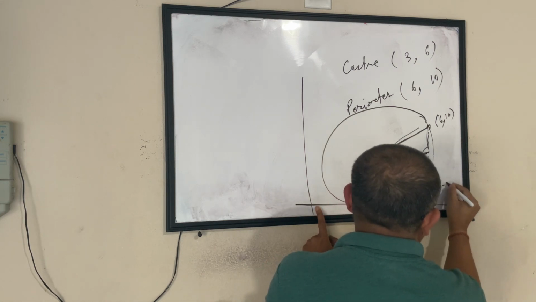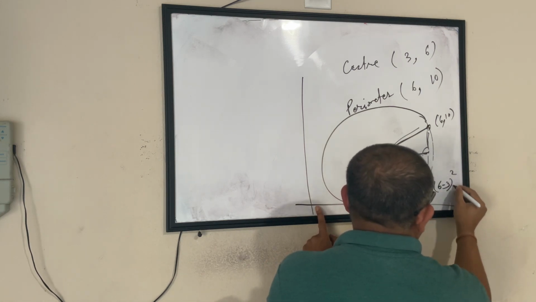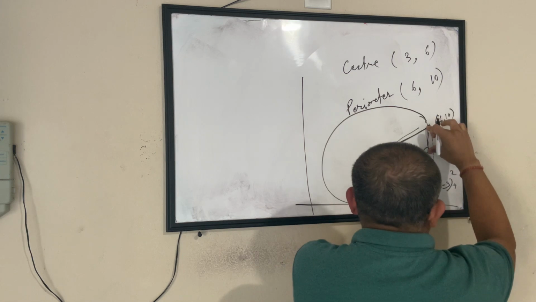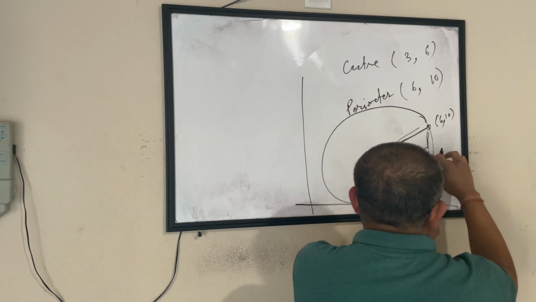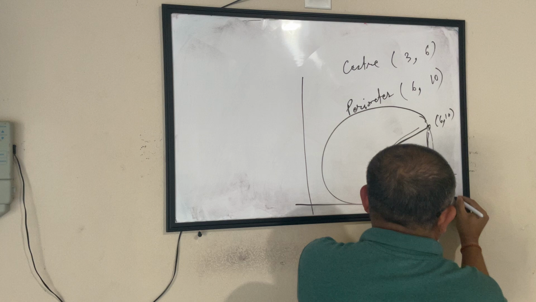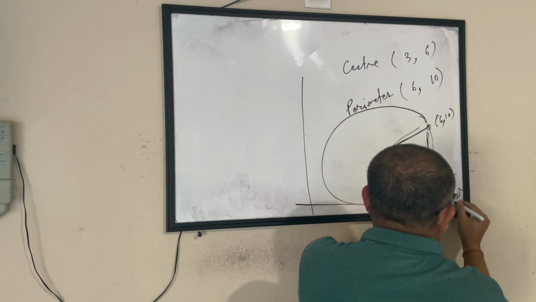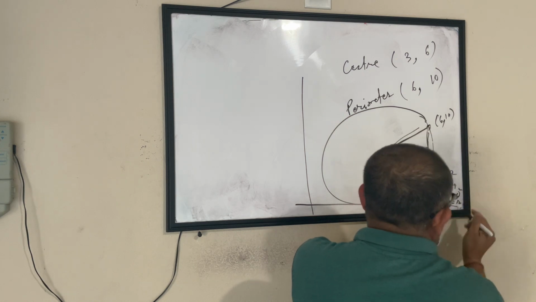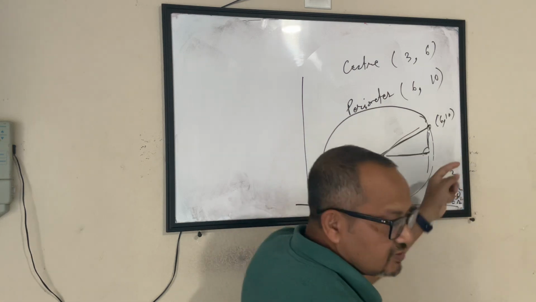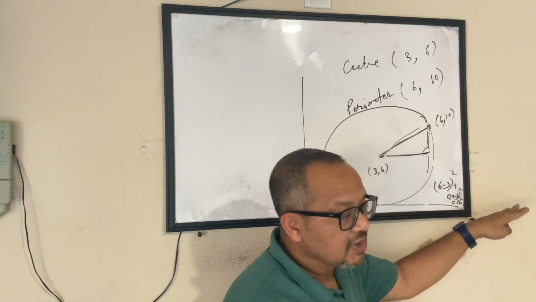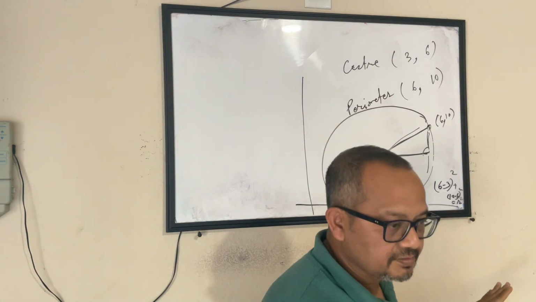So (6 minus 3) squared plus this length, which will be this length minus this length, so (10 minus 6) squared, equals this length squared. Let's say this is the radius, and then you solve it. So you solve it using the Pythagorean theorem, correct?